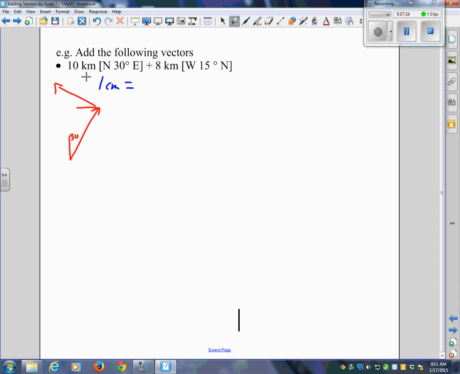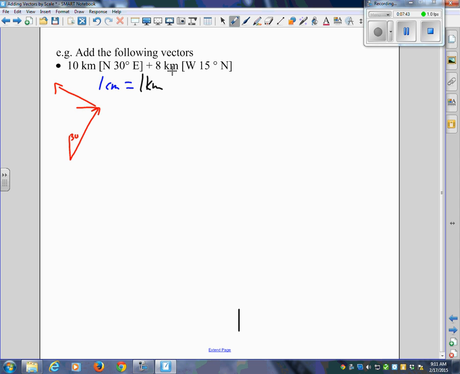And yet I get over and over again stuff like 1 kilometer equals 1 centimeter. 1 kilometer of paper is equal to 1 centimeter in real life. It's a pretty big piece of paper. 1 centimeter equals 1 kilometer.